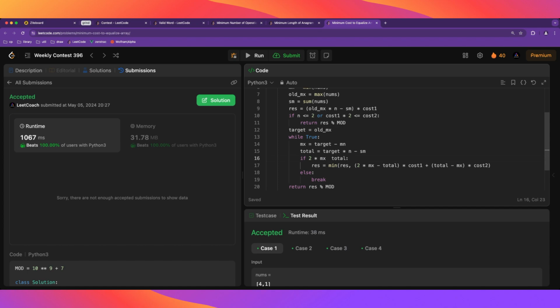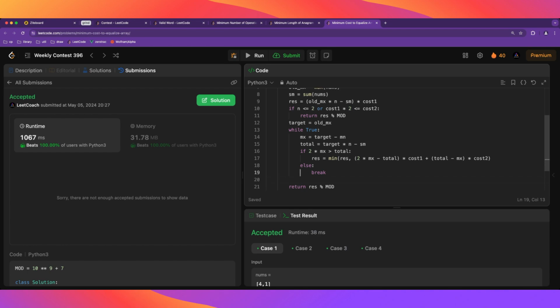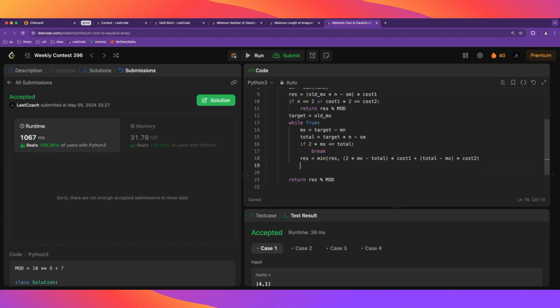Or, yeah, I guess it's a little bit messier. So if this is the case, we break. And then in the end, the thing that is a little messy is that we have to loop through this.